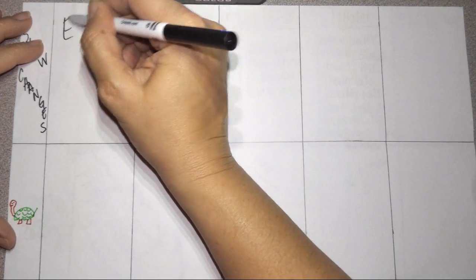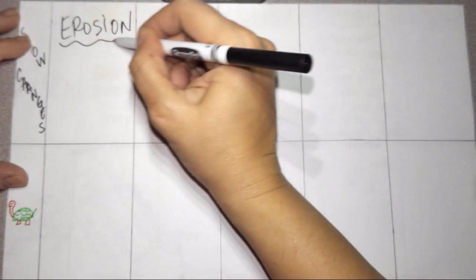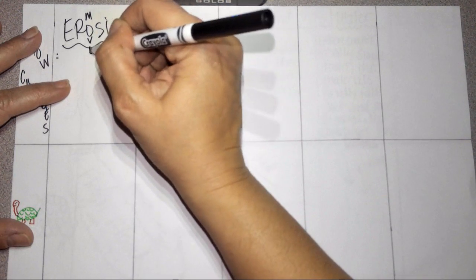So here is the next section of our slow changes notes, and this one is on erosion. Okay, and who remembers what erosion is when I talk about it? Remember the moving, right? So the way to remember that is erosion moves, right? Everybody remember that?